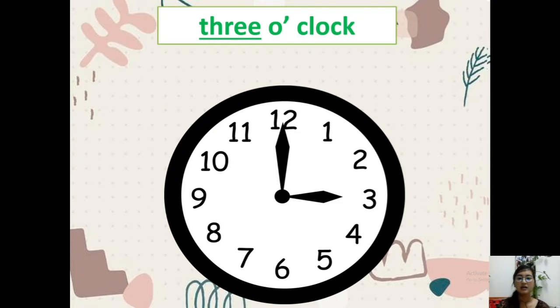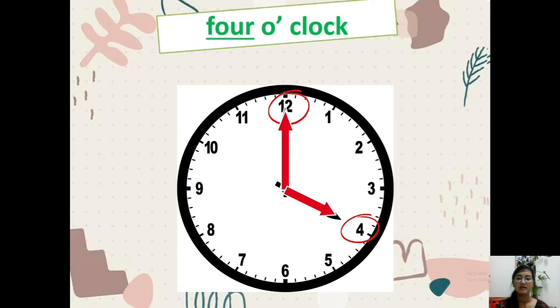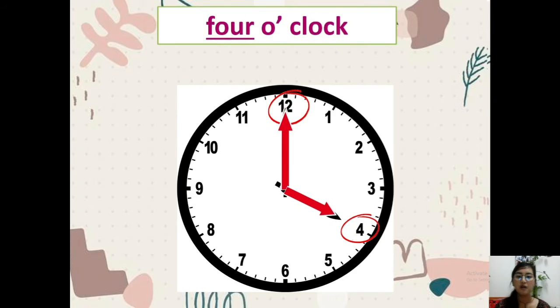Next, if the long hand points to 12 and the short hand points to 3, then the time is 3 o'clock. It's 3 o'clock. Very good. Next, if the long hand points to 12 and the short hand points to 4, then the time is 4 o'clock.